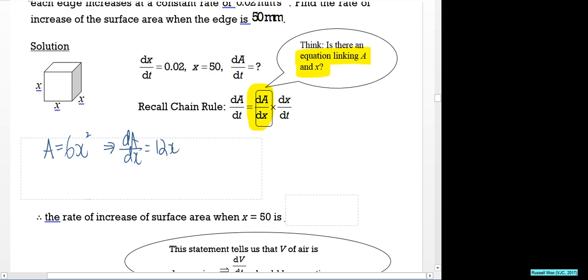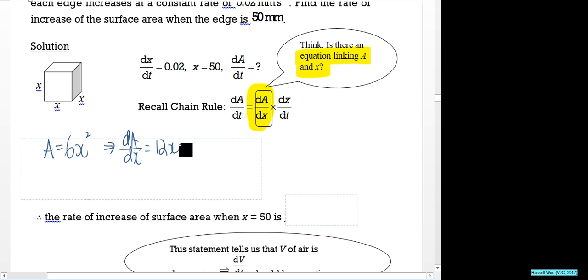Does it make sense? If it's too easy, I'll go faster, alright? So now you want dA/dt, alright? You want dA/dx times dx/dt. dx/dt you already know, 0.02. You got to substitute x equals 50 inside. Can I have attention, please?